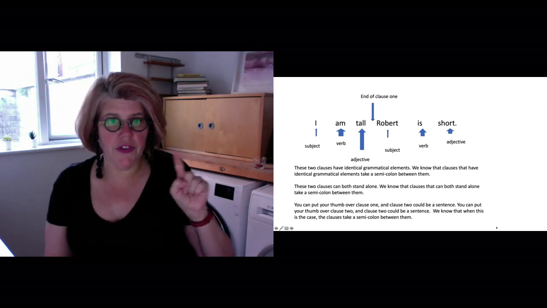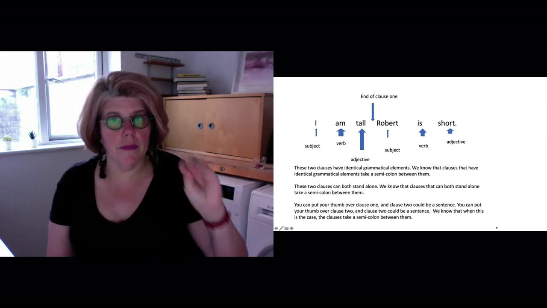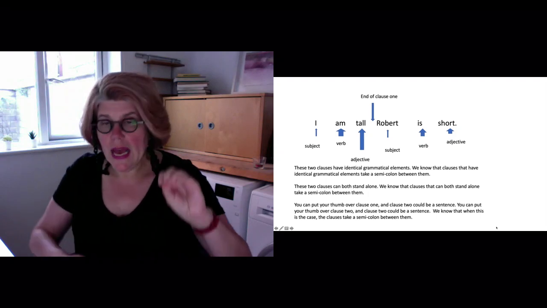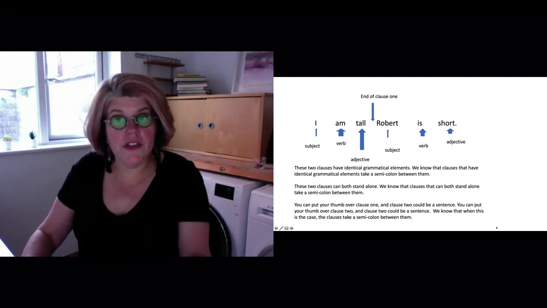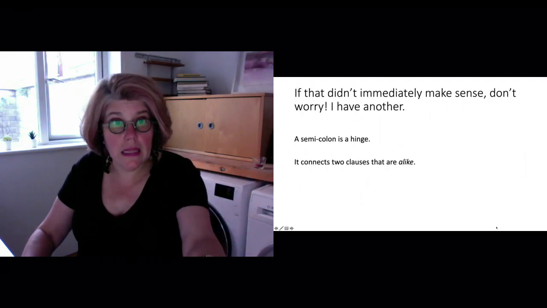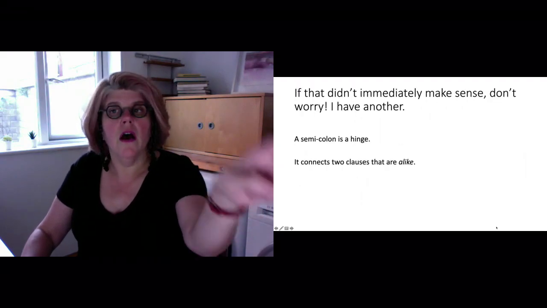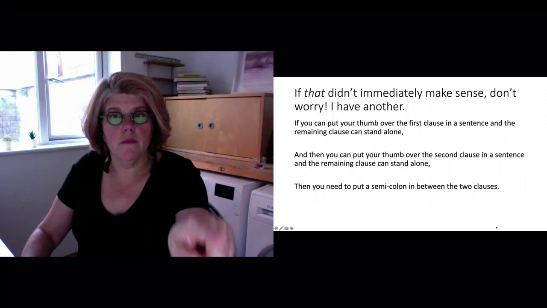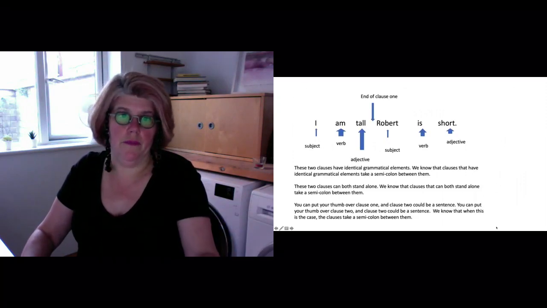These two clauses have identical grammatical elements. And we know that clauses that have identical grammatical elements are connected by a semicolon.